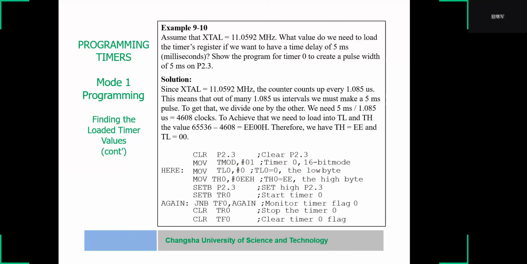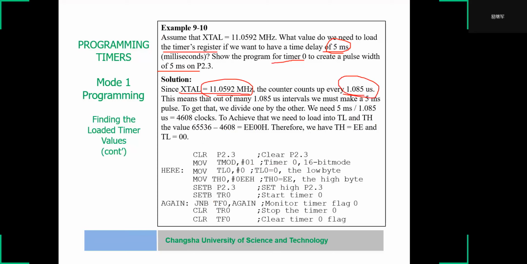Here is an example. What value do we need to load into the timer register if we want a time delay of 5 ms? Show the program for timer 0 to create a pulse width of 5 ms. Since the XTAL is here, we know the machine cycle is here.